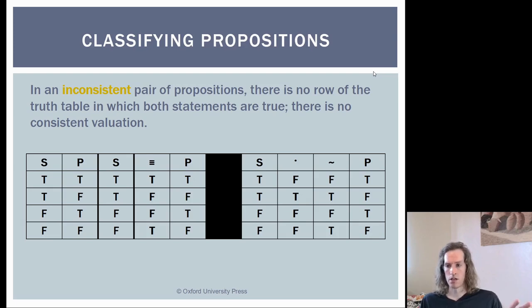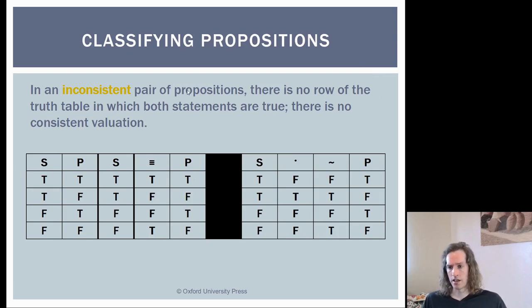For example, if we have a proposition that is itself contradictory, it's going to be false in every single row of its major operator, which makes it inconsistent with every other possible proposition, because it's impossible for it to be true in the first place.